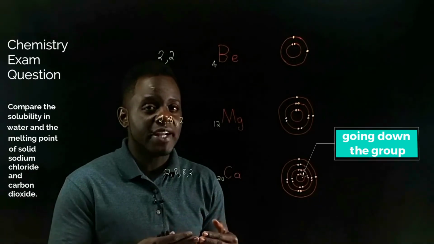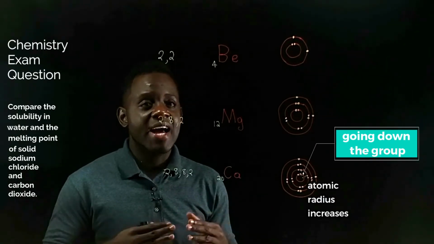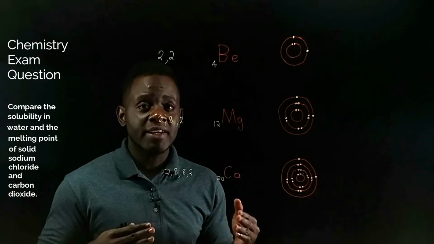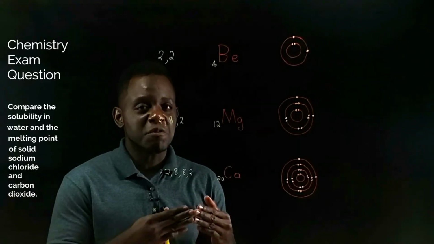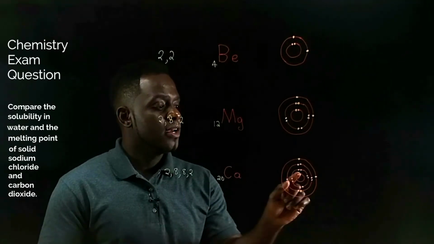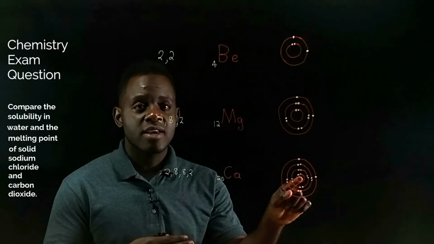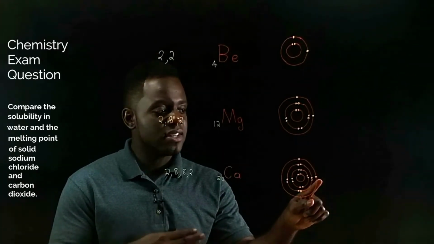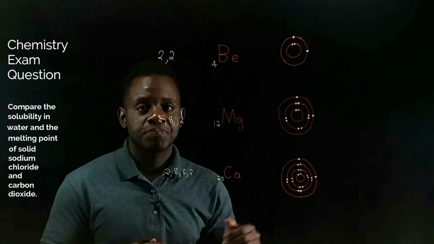The first effect is that atomic radius increases as we go down the group, and this increase in atomic radius is due to the increase in shielding effect because the attraction between the positively charged protons in the nucleus and the negatively charged valence electrons gets weaker as we go down the group.